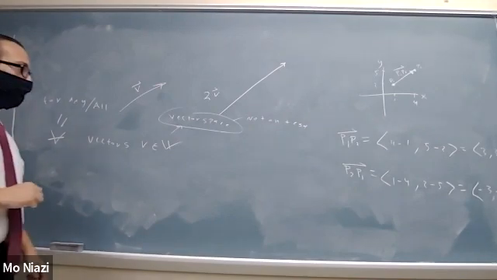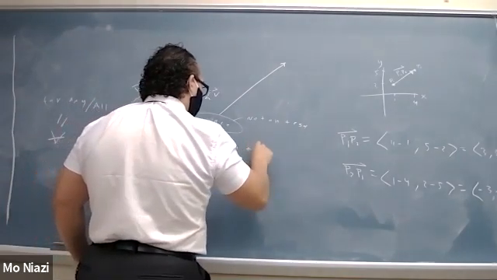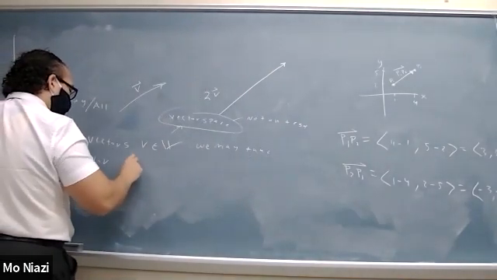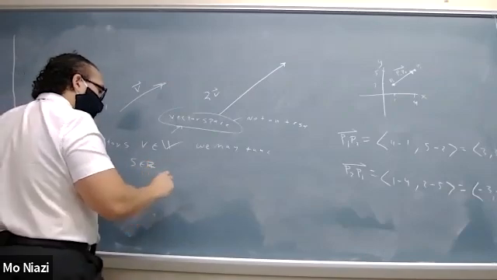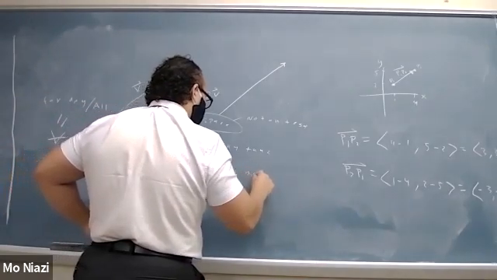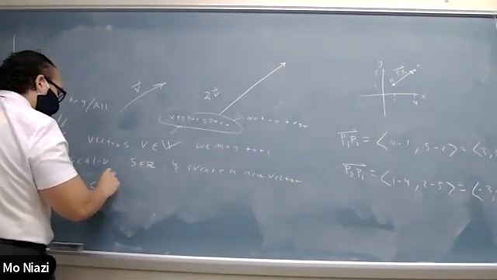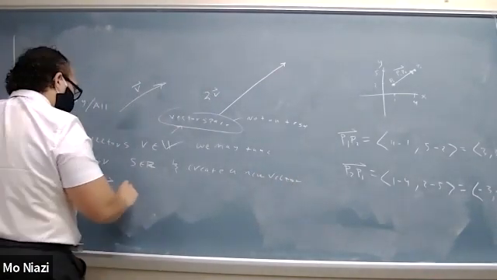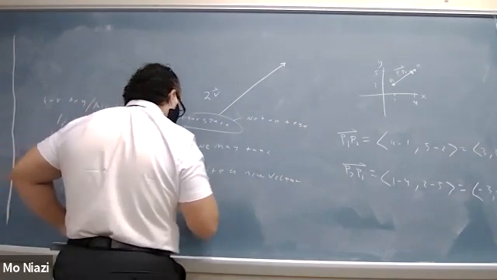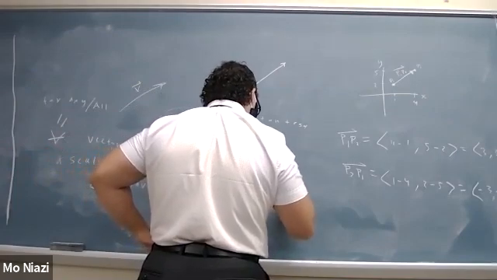For all vectors V in a vector space, we may take a scalar S, an element of the real numbers, and create a new vector S times V, having a new magnitude of S times magnitude of V.